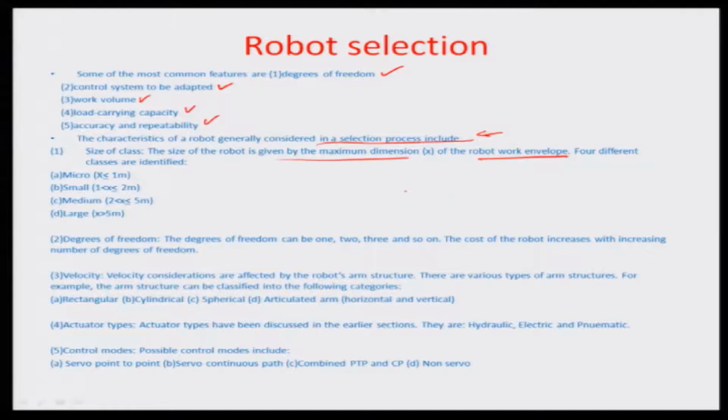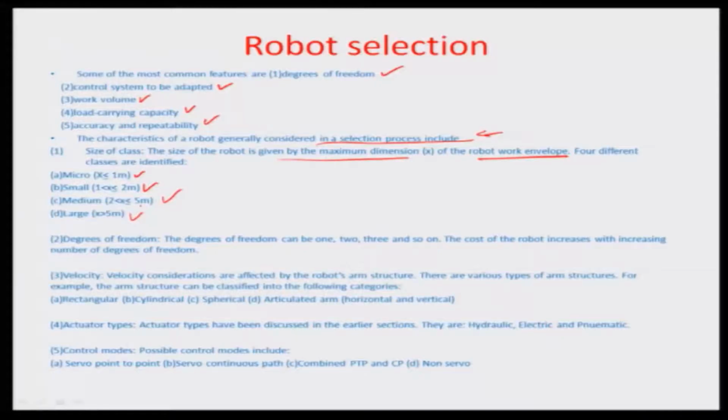There are at least 4 different classes based on the ranges of x: micro, typically less than or equal to 1 meter; small, between 1 and 2 meters; medium, between 2 and 5 meters; and large, more than 5 meters.